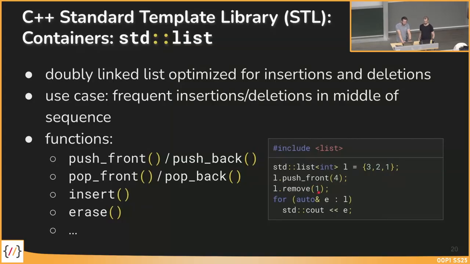So it won't remove 3, it will remove 1 at the end, meaning that we get as output in this for loop 4, 3, and 2. So we added 4 at the front and removed 1 at the end. So it's 4, 3, 2 then in the list.